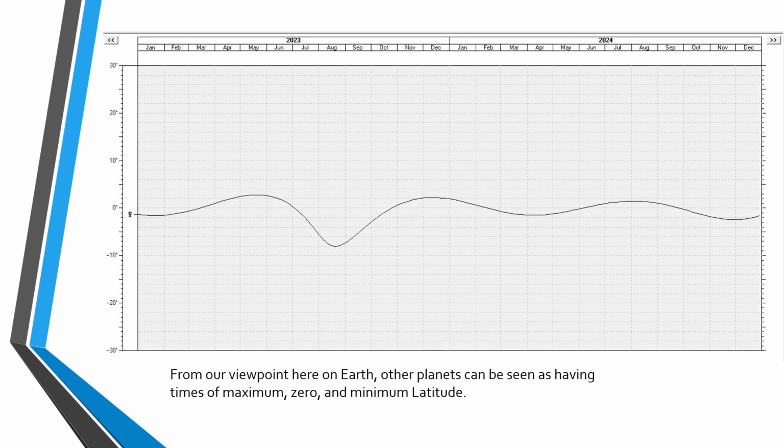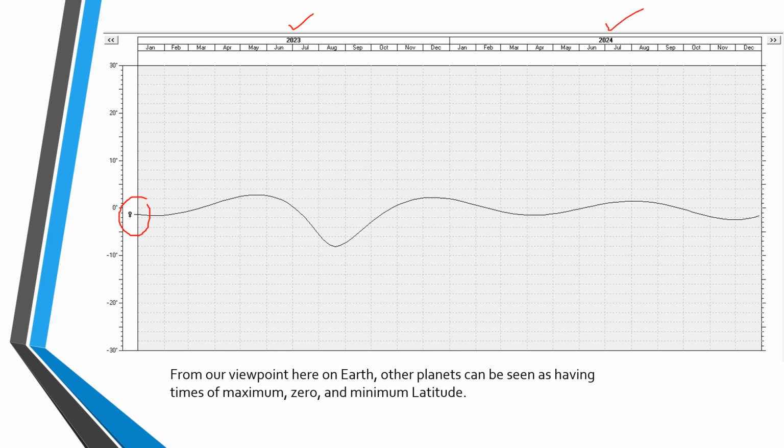So using some of the software that I've got, SolarFire Gold, I can generate a chart of planetary latitude. So here's a chart for the planet Mars, and this chart encompasses 2023 and 2024.